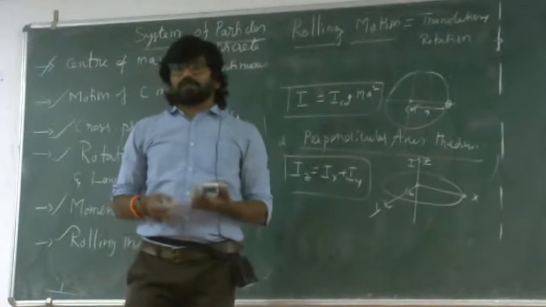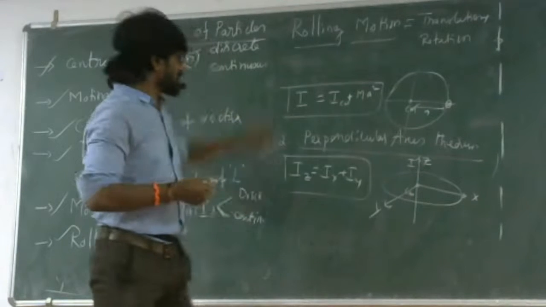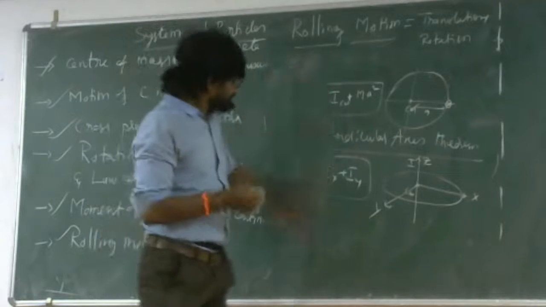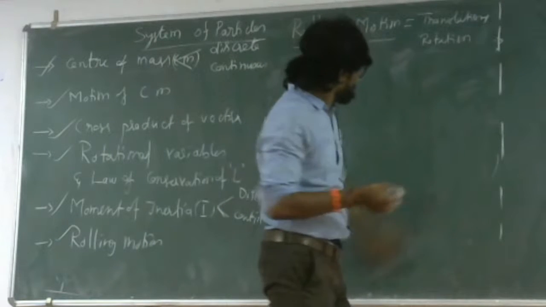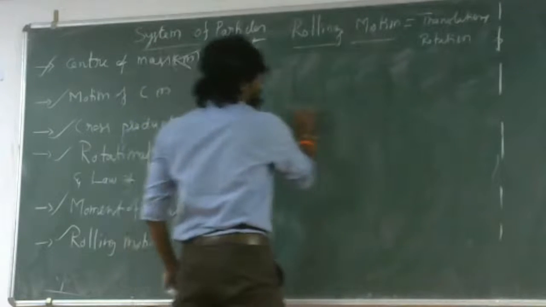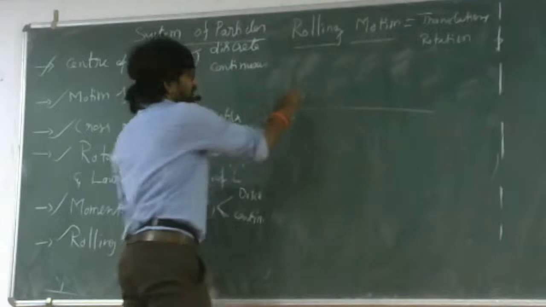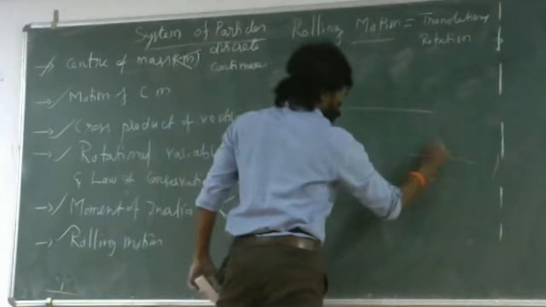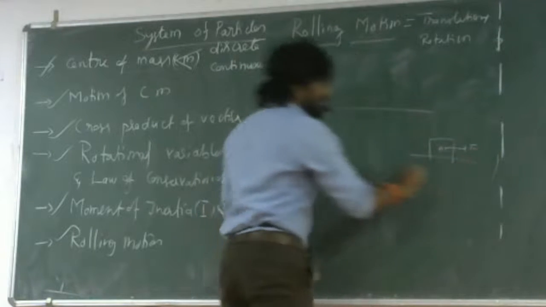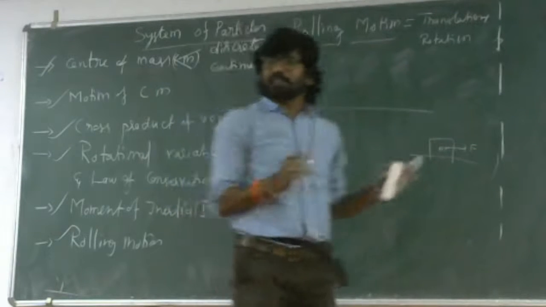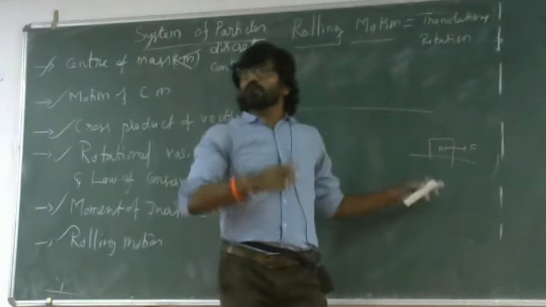How to understand this with the help of a diagram? Let us see. If you have a block having some mass here, apply a force here, it will be sliding on the surface, right? This motion is called pure translation.